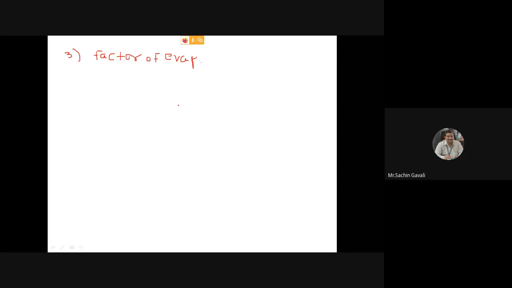Who will tell the definition of factor of evaporation? The factor Hs minus Hw divided by 2257 is called the factor of evaporation. Okay, very good.